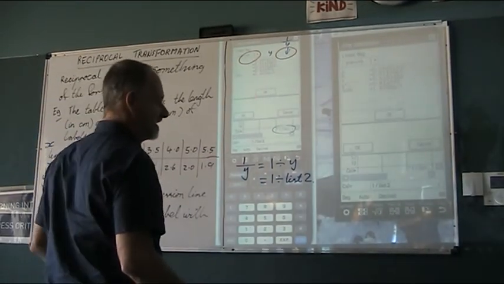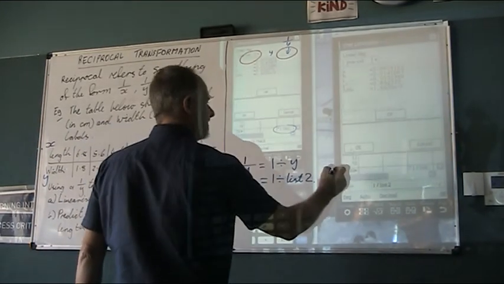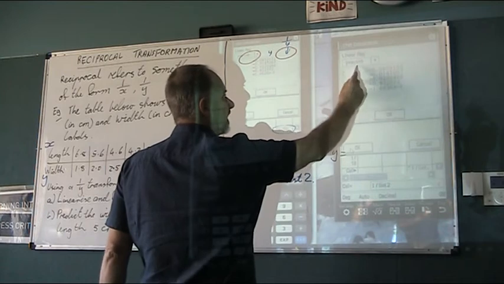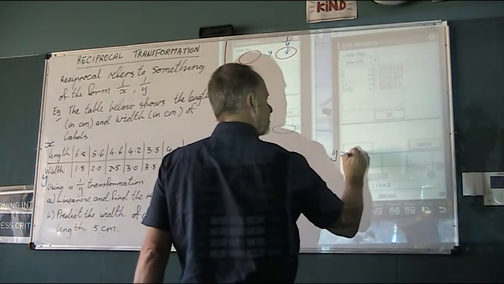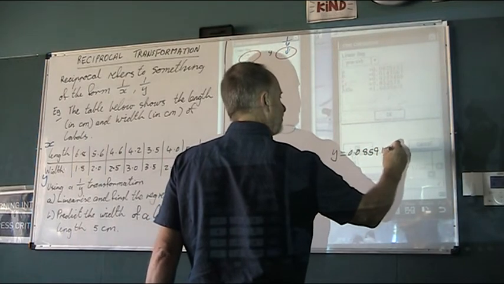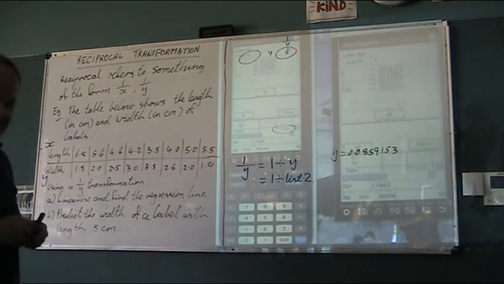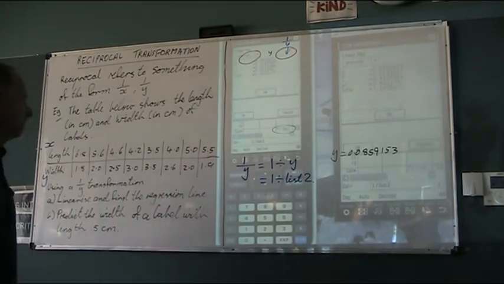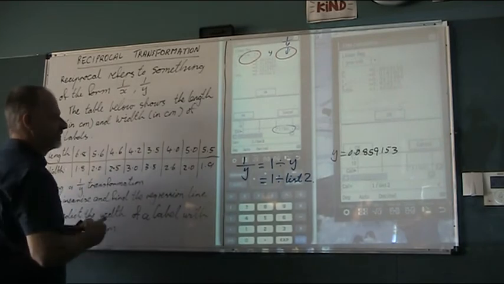Once I've gone OK, it gives me, I'm just going to write it down here. So it tells me y equals a times x, and a is 0.0859153. Now the question is, how many significant figures should I use? 2. All of that data there is all 2 figures.